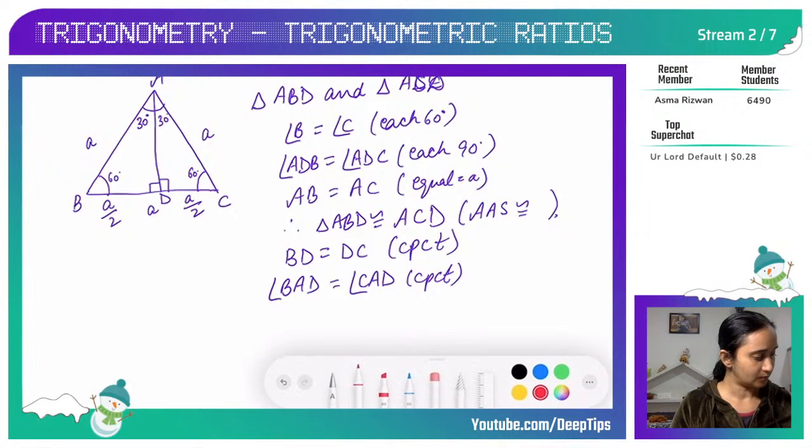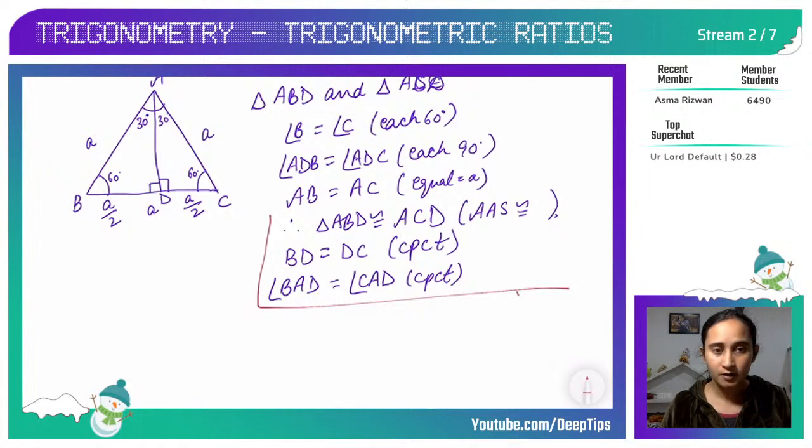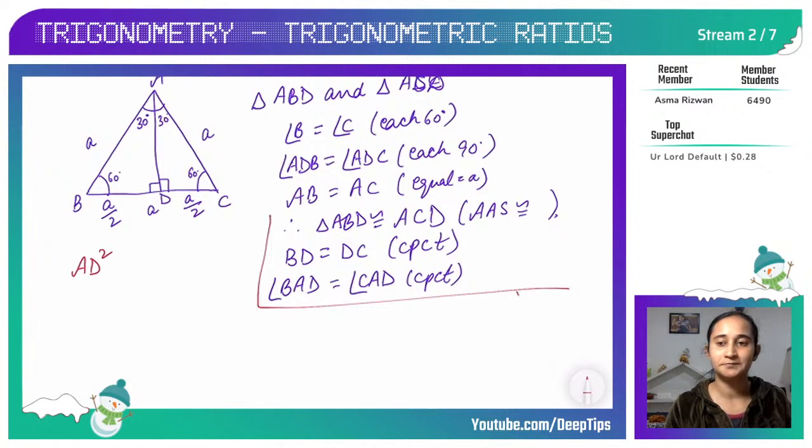Okay, so let me change the color now. So we are done with the congruency part, and now we know the angles and the sides and everything that we need in a triangle. But still I don't know the length of AD. So to find AD, I can use the Pythagoras theorem.